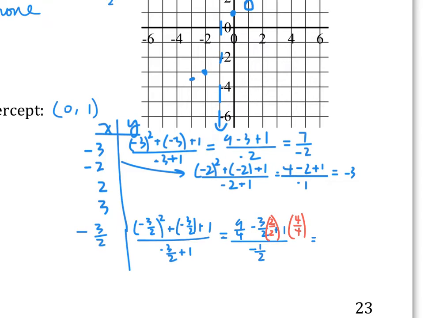That is 13 minus 6, which is 7. 7 over 4 over -1/2. So that is 7 over 4 times -2. Cancels, so that is -7 over 2. Sorry, -3.5.